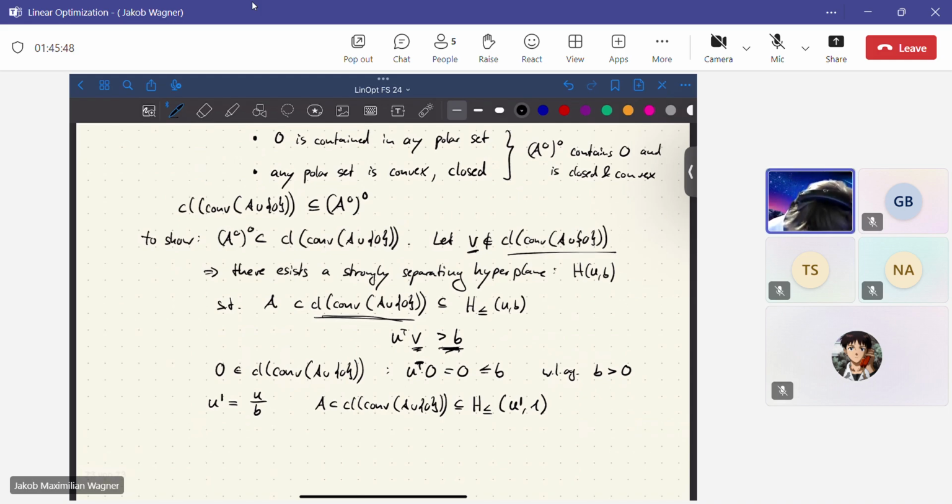And we have that U prime times V is greater than 1.